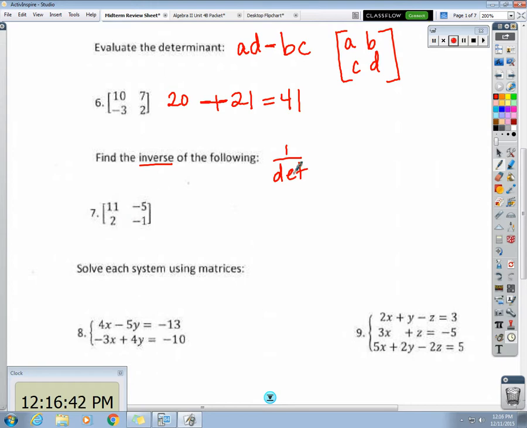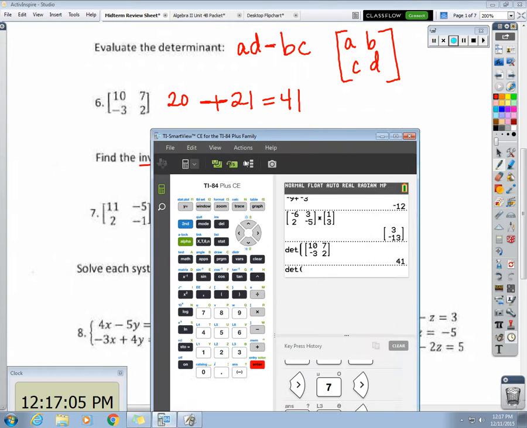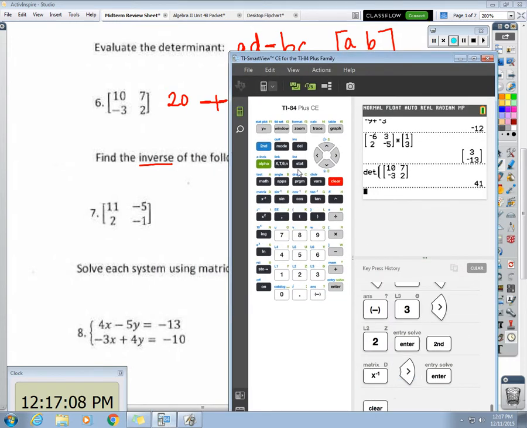And then you did 1 divided by it, and then you multiplied that by this crazy matrix where you switched the A and D, and you switched the signs on the B and C. Y'all remember that? Well, there's no sense in wasting your time doing that when the calculator will do it for you with one button. Okay, so first we're going to type in the original matrix. So we use Alpha Zoom.